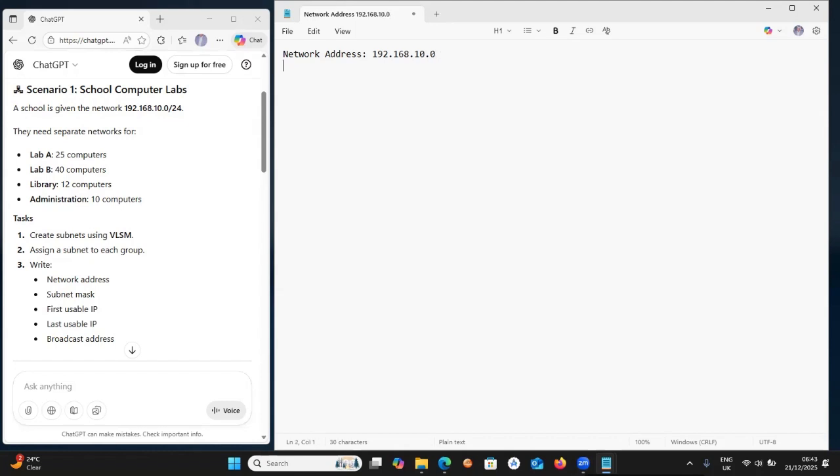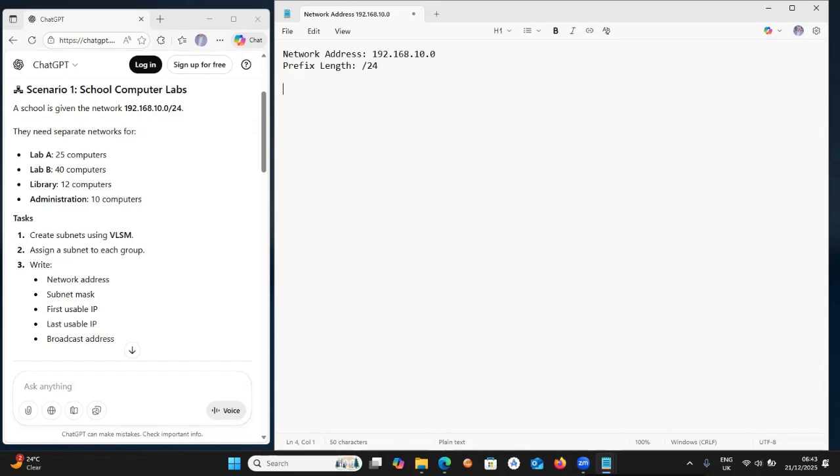Then the prefix length, or subnet mask. Let's use prefix length, which is /24. Now, let's leave it at that.